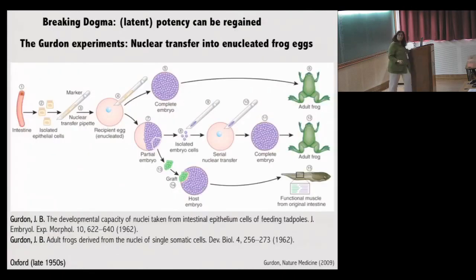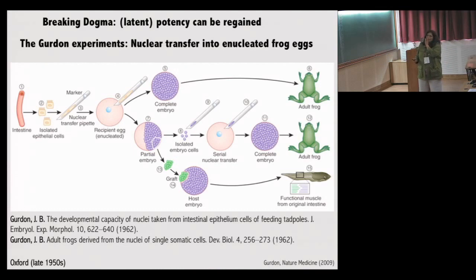Essentially, what those 3 people were able to show was that you could take a nucleus from an intestinal cell in a tadpole of a frog and do something to it that would allow that cell to now give rise to every other cell type in the frog, which means that although it had become committed to being an intestinal cell, you could somehow reprogram it back to becoming pluripotent, right?